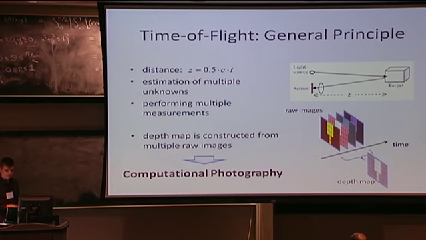This involves the acquisition of multiple measurements, and these cameras acquire multiple raw images which are combined in order to generate one depth map. And for this reason, time-of-flight depth imaging belongs to the class of computational photography.